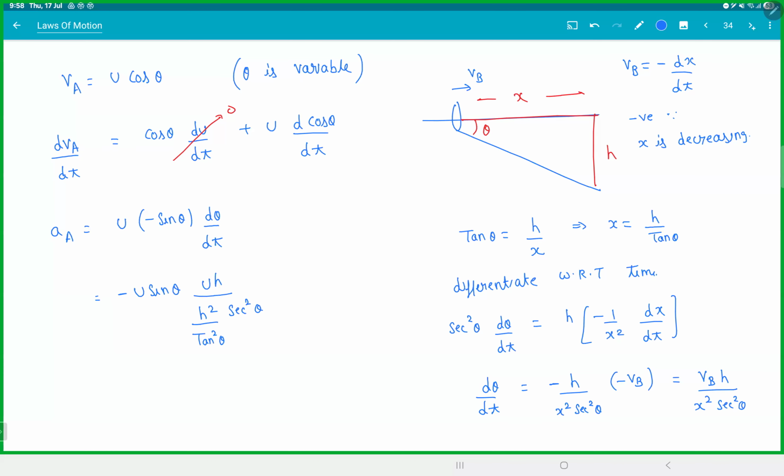That would be sine square by cos square theta. Cos square theta and secant square theta will cancel. Sine will go up. You end up with minus u square sine cube theta by h. That is your acceleration of A.